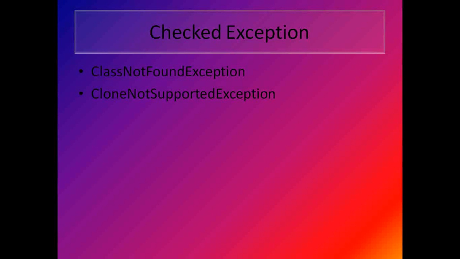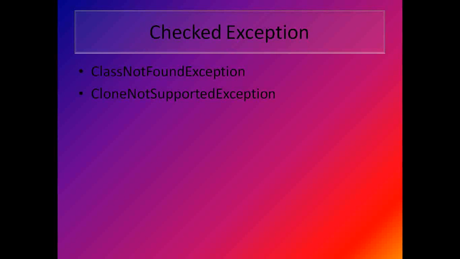InstantiationException occurs when you try to create an object or component. Then InterruptedException, NoSuchFieldException, and NoSuchMethodException. These exceptions are thrown when we try to access a field or method in a class which doesn't exist, and it has to be mentioned by the developer who creates the application.